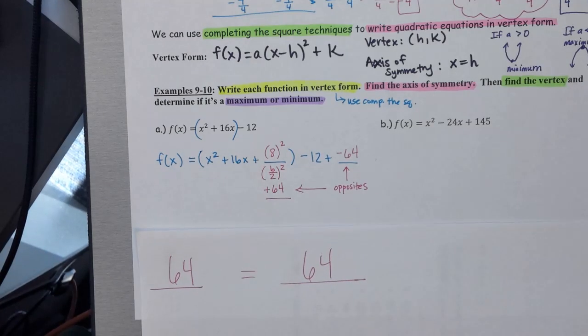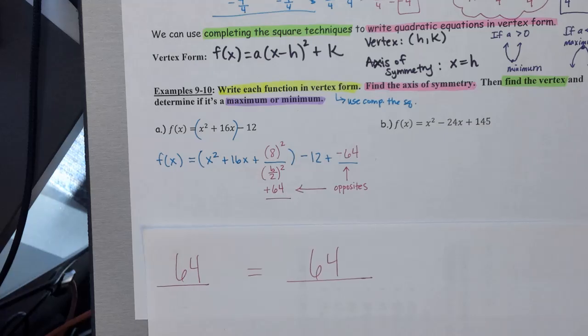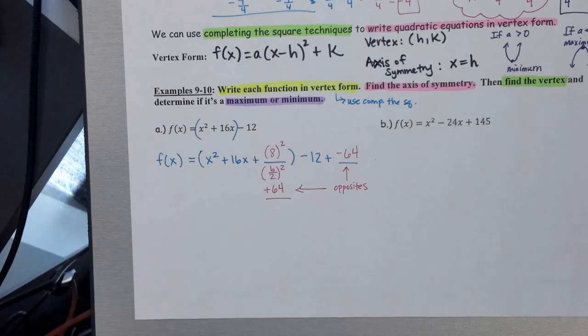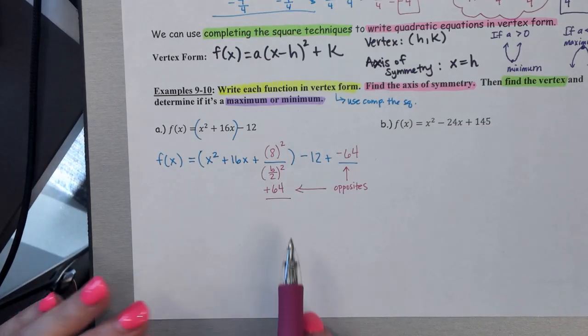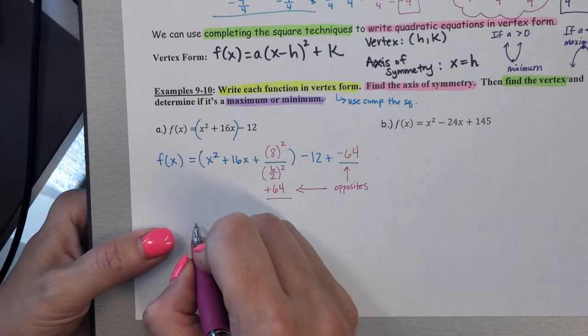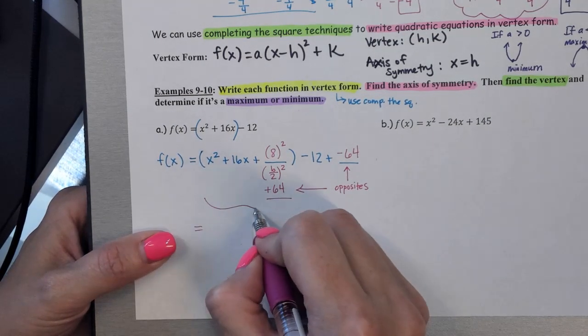Everything was balanced. Now, both of our blanks are on the same side. So if I add 64, I have to subtract it so that it's 0, because I don't have anything over here. If I subtracted 64 from both sides, I'd have 0. Here I have 0. That's what we're trying to make. So if this is a positive, this is going to be a negative. And then the rest is going to be the same.